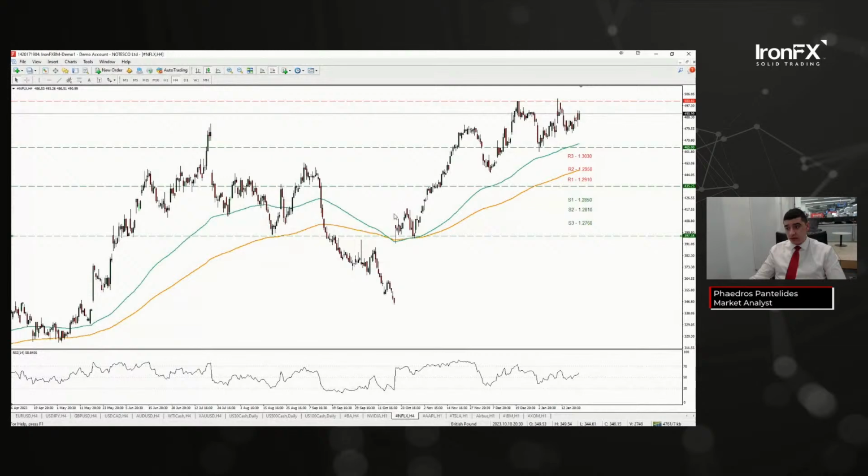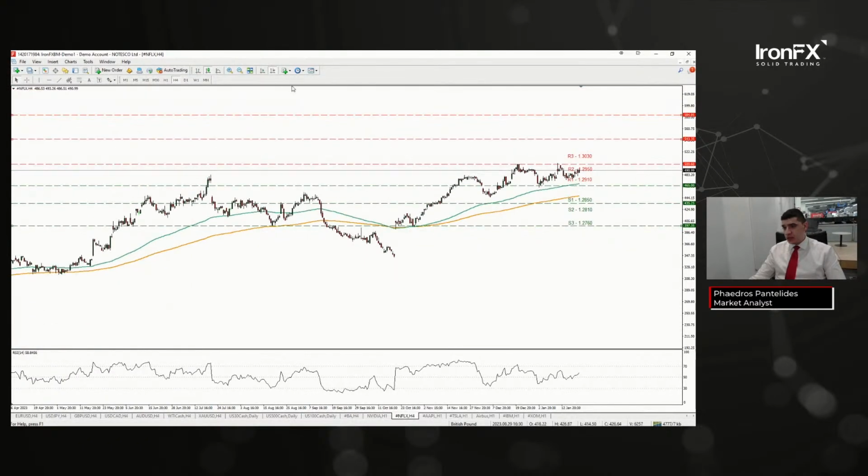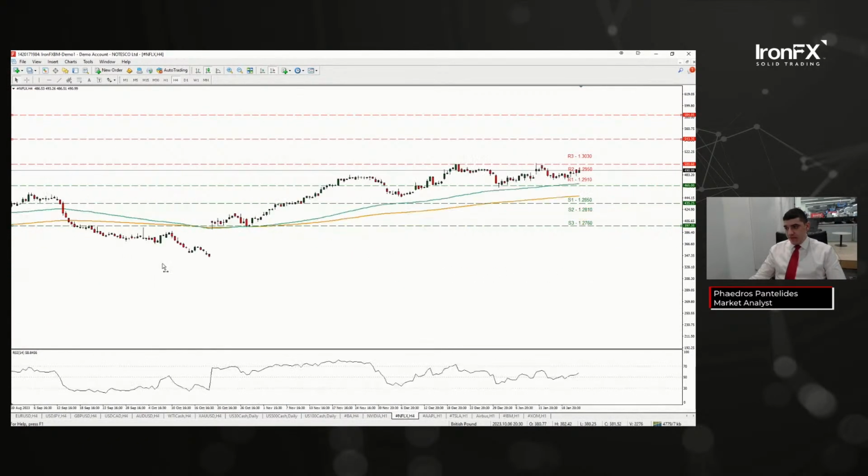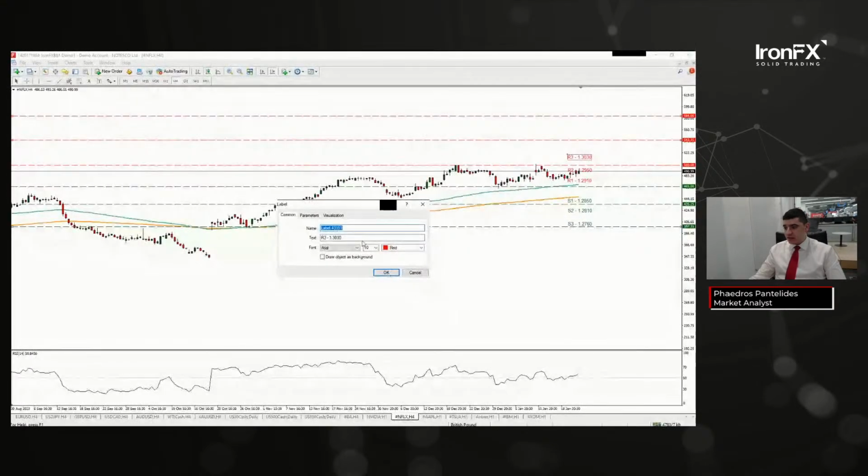At some point, there is a possibility that the price action might come lower and fill in this gap that was formed. For now, since we're not looking that far into the future, we're going to be keeping our support and resistance levels.